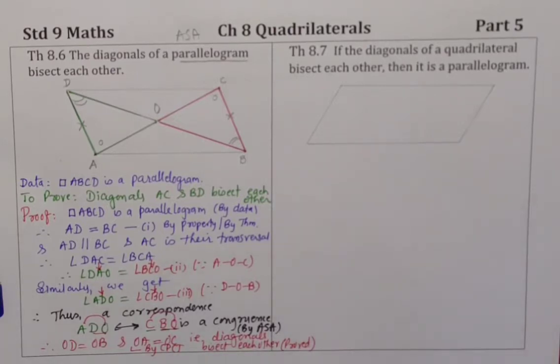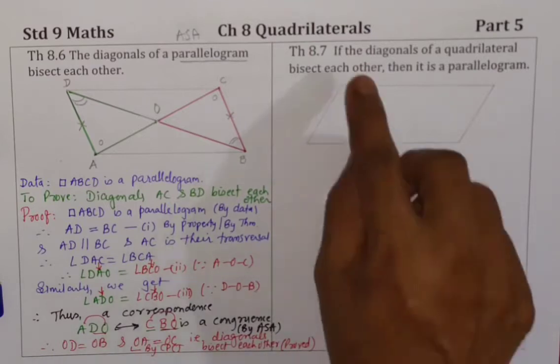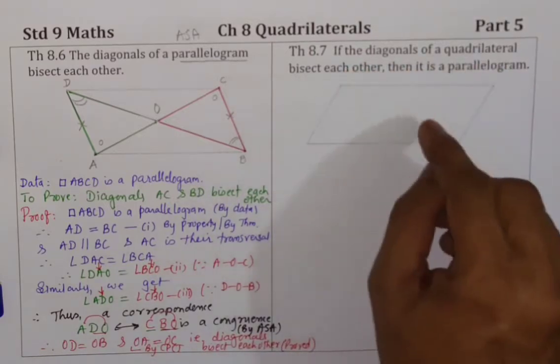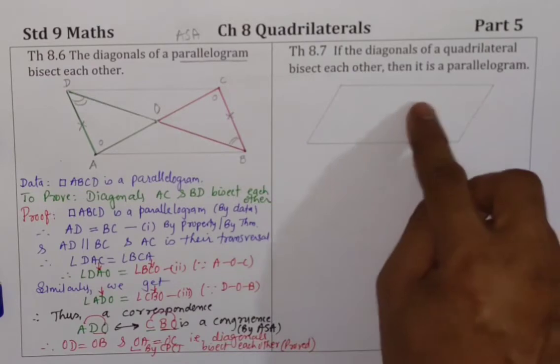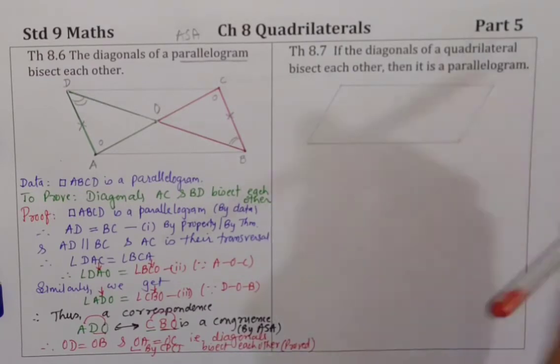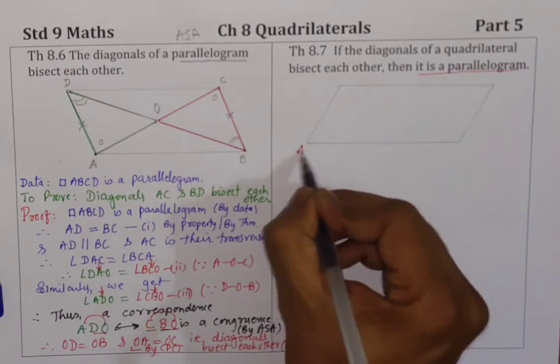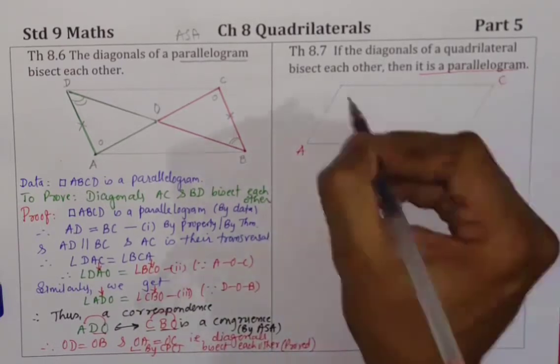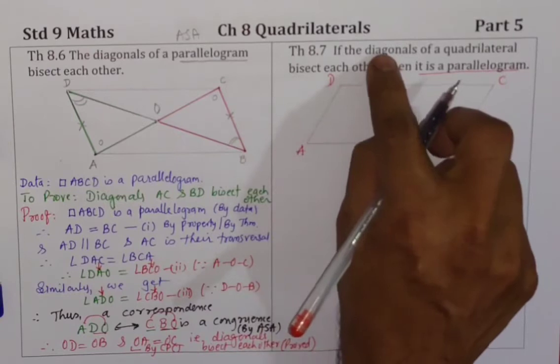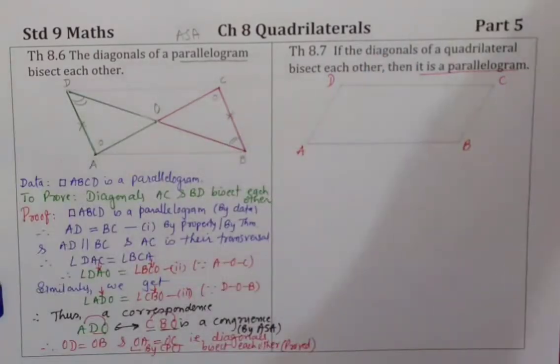Moving on to the next. It is its converse. If the diagonals of a quadrilateral bisect each other, now this is a simple quadrilateral, you have to prove it is a parallelogram. Suppose this is quadrilateral ABCD. And what is the data? Its diagonals bisect each other.